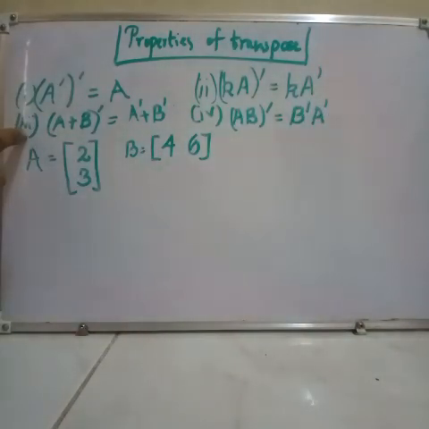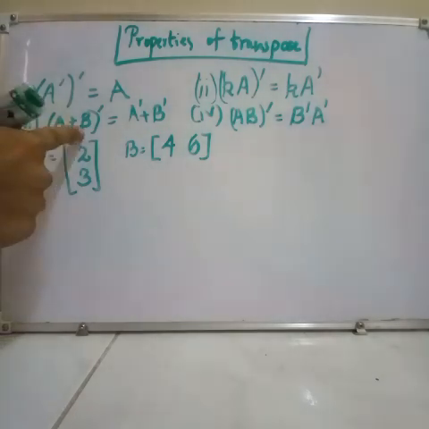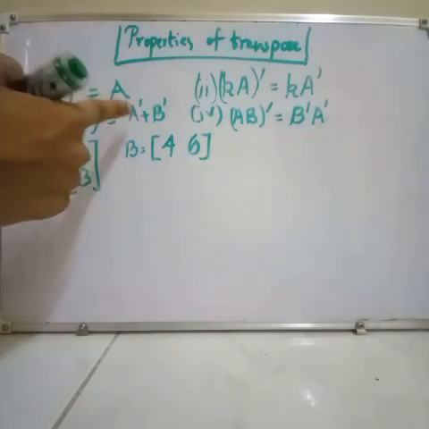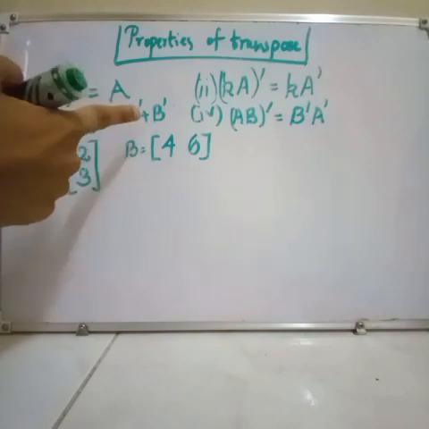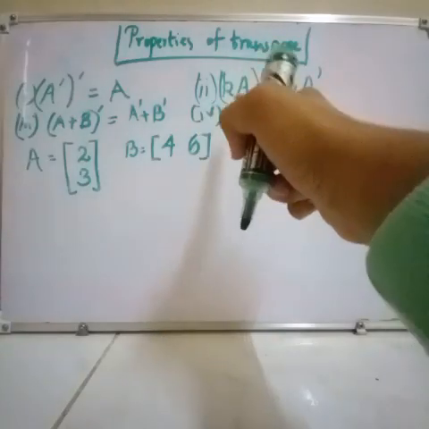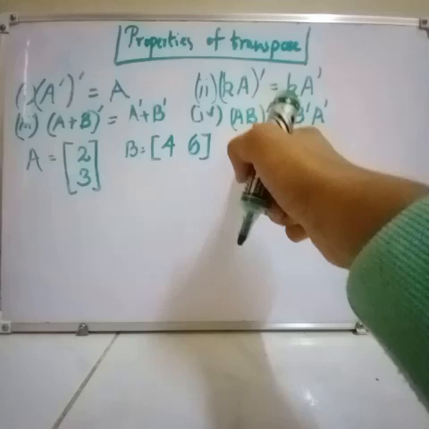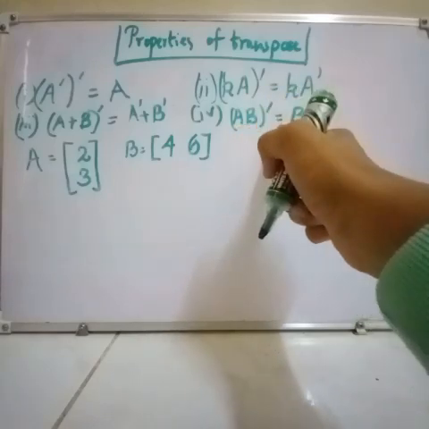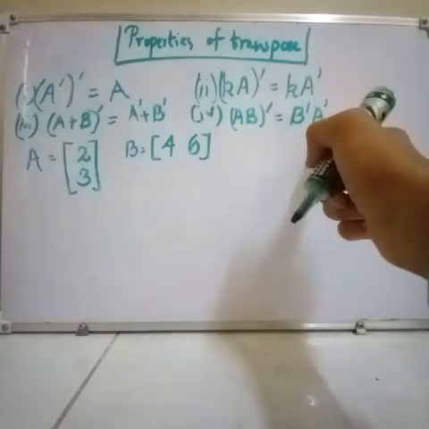The third property is that A plus B, the whole transpose, is equal to A transpose plus B transpose. And the fourth property is that AB, the whole transpose, is equal to B transpose A transpose.